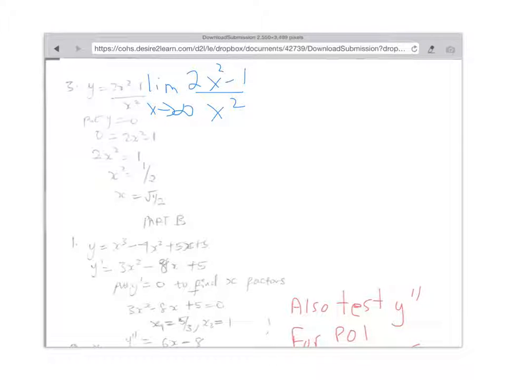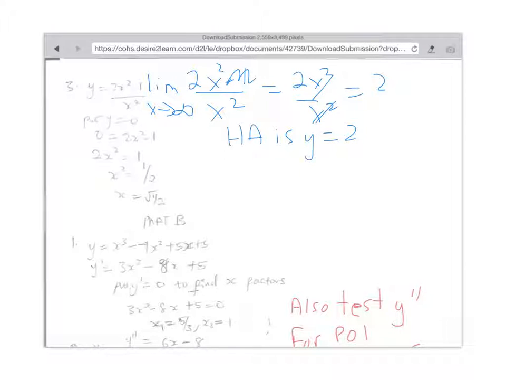If I let x approach infinity, then 1 is not a significant number because the value of 1 compared to infinity is negligible. So I'm going to get rid of that minus 1, and I'm just going to look at 2x squared over x squared. If I simplify 2x squared over x squared, the x squareds will cross out and I get 2. That tells me that the horizontal asymptote is y equals 2.